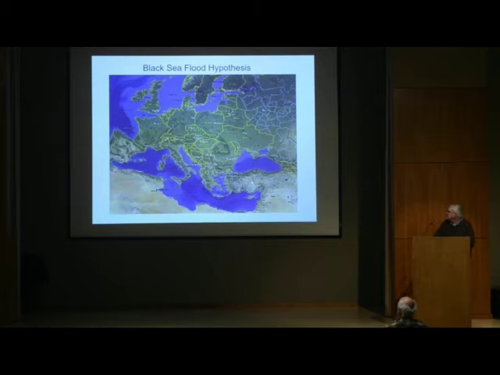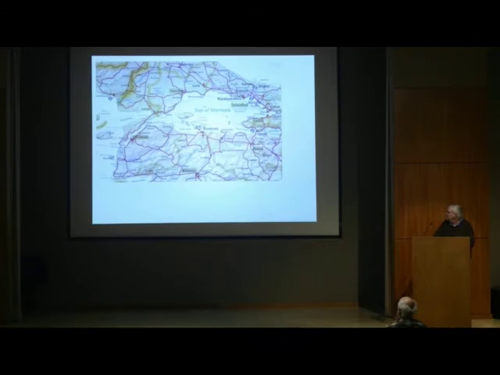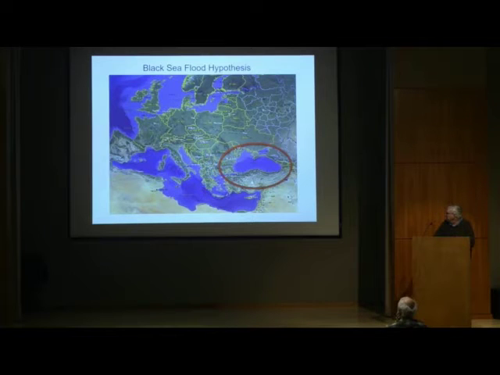Let me mention something else that has at times been attributed to glacial action, at other times not. There's some evidence that the Black Sea, here east of Europe, was much smaller than it is today. The connection between the Black Sea and the Mediterranean is through this area of Turkey.